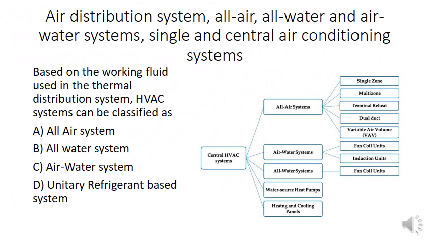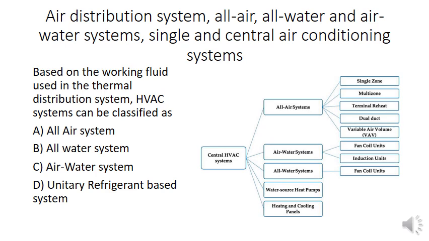In the air distribution system, all air, all water, air water, single and central air systems are going to be part of the classification. So first of all, the central air conditioning or central heating, ventilation, air conditioning system is classified by type of working fluid, which is all air, all water, air water, and some other types of mixture.